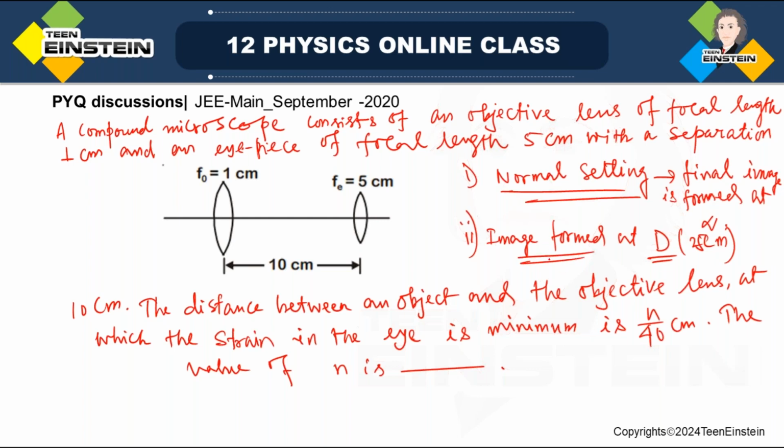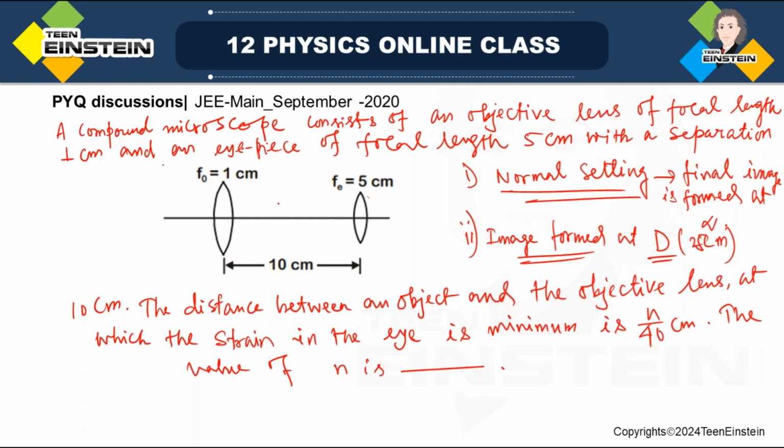When you see an image formed at infinity, the eye is relaxed with minimum strain, whereas when you see an object at 25 centimeter, our eye gets strained. So with this eyepiece we should have the image formed at infinity.